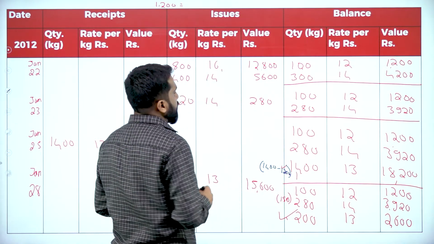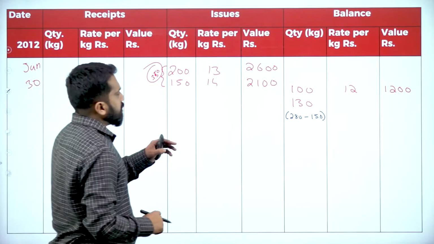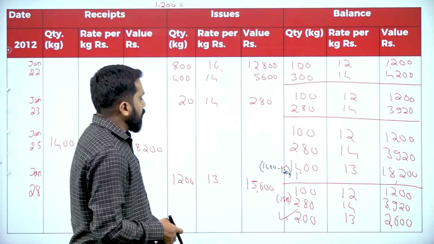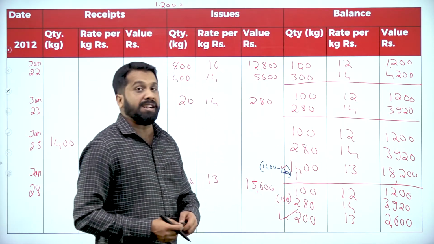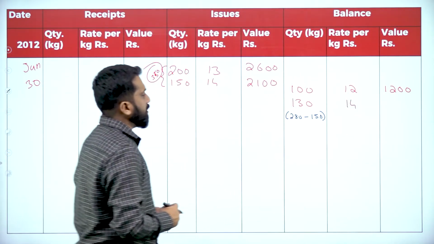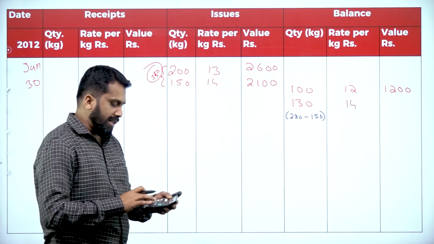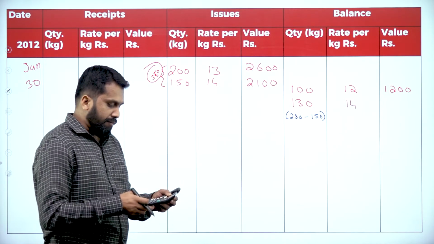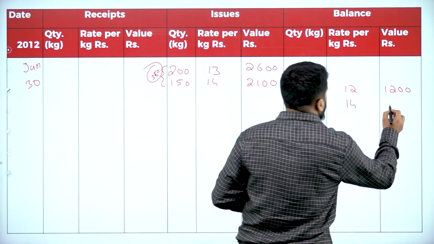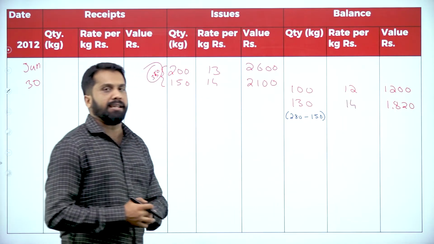So, these are the working notes so that it is easy to understand. Now, up to this we have completed 130. What is the value? The value is 14 rupees. So how much will you get? 130 multiplied with 14. You will get 1,820. Up to this, any doubt?